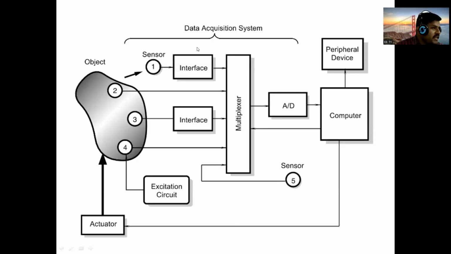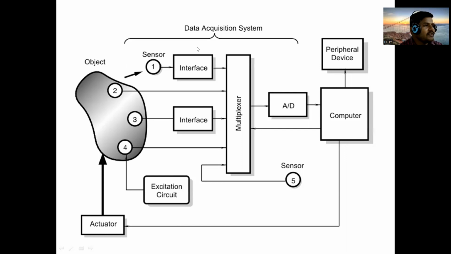If the output obtained from the sensor is not in the proper format, that means it is not in a format readable by the computer, or not in the proper format for the multiplexer, then we want to use some interface circuit.